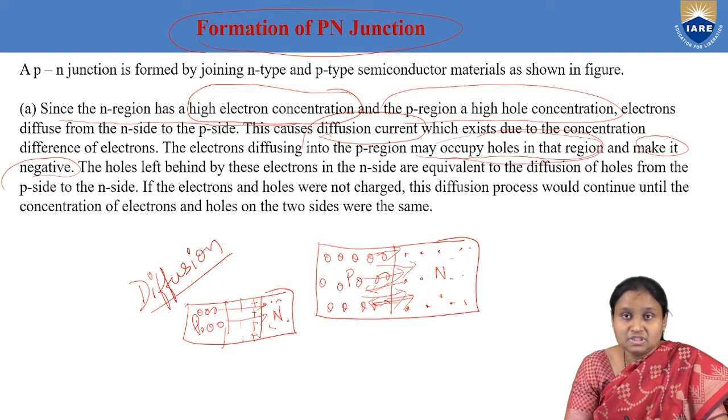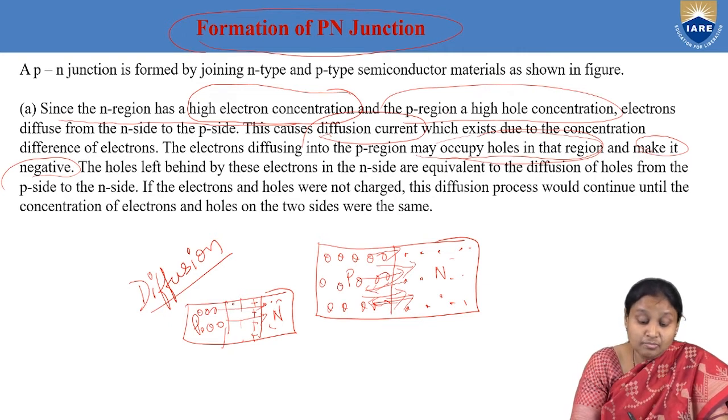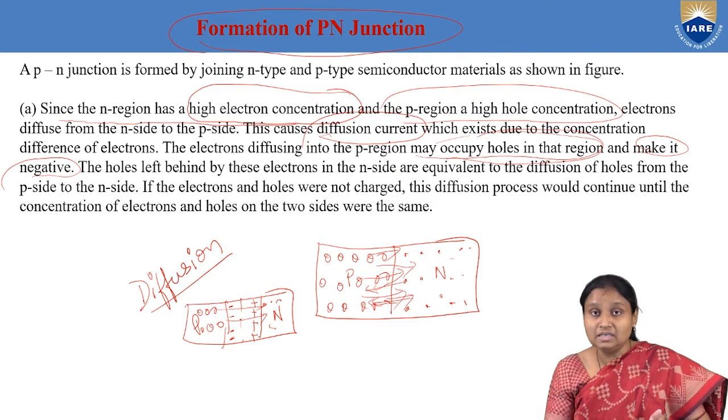Similarly, electrons migrating from the N region to the P region combine with holes, lose their energy, and become immobile negative charges forming on the P side of the PN junction.